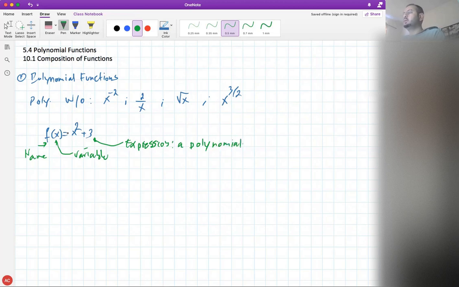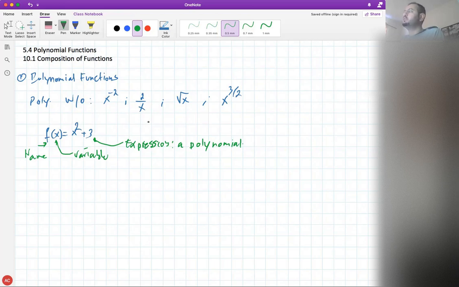Okay, so that's basically what a polynomial function is. There is a function, and there is an expression, a polynomial, and it has a name. And whatever we did last time with functions, graphing and domain, range, and everything applies to this. Again, these are simpler because they don't have this, they don't have this, and this, and so on. So that's why they're relatively simpler.